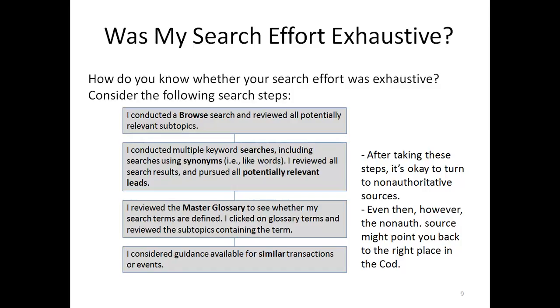I reviewed all search results and pursued all potentially relevant leads. I reviewed the master glossary. I considered guidance available for similar transactions or events. After taking these steps, it's okay to turn to non-authoritative sources. Even then, however, the non-authoritative source might point you back to the right place in the codification.